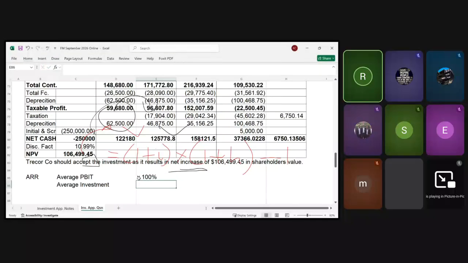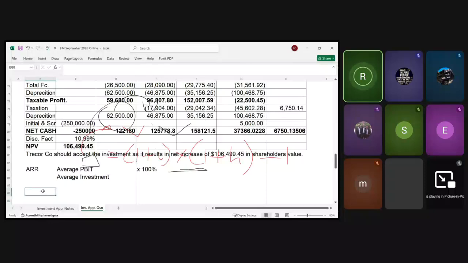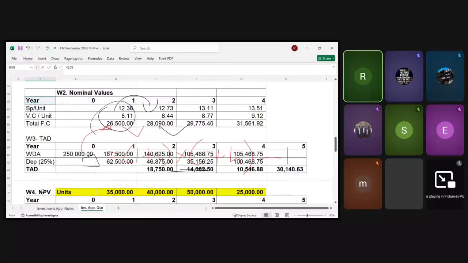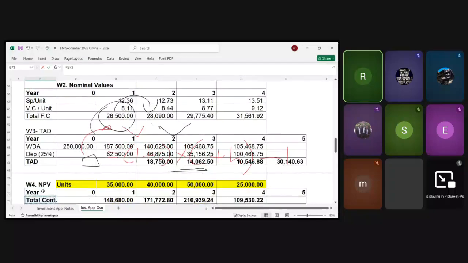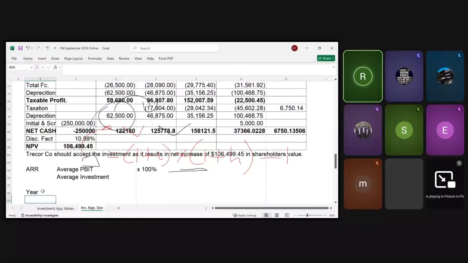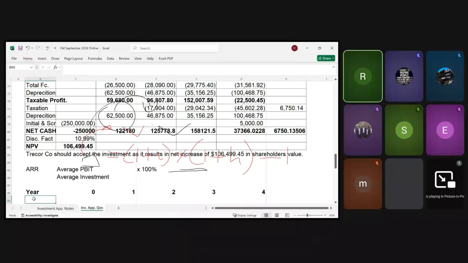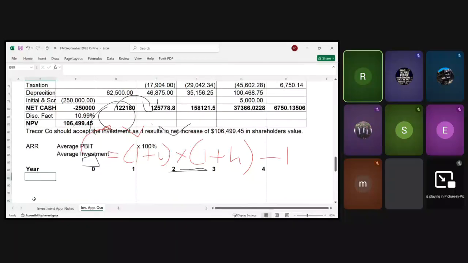Okay, so what do I need to do? I have to get all my net operating cash flows for year 1 up to year 4.